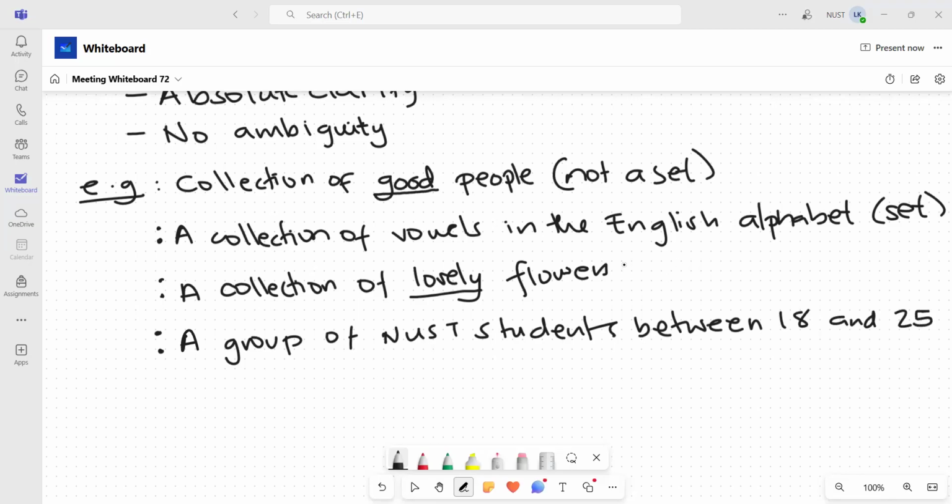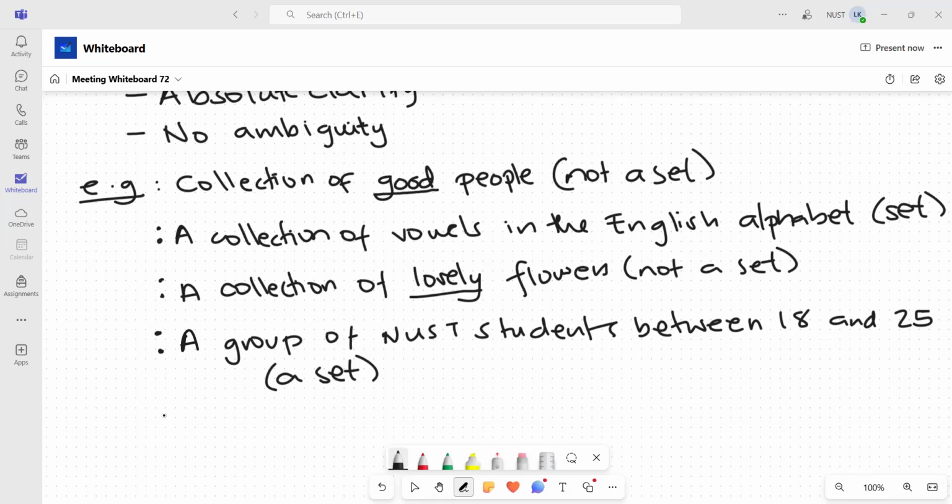Let me just write, so we say not a set, and this one is definitely a set. It is well defined. Given any person, I would be able to tell whether that person is a NUST student and whether the person is between 18 and 25, and then I can determine whether they belong to the set or not.